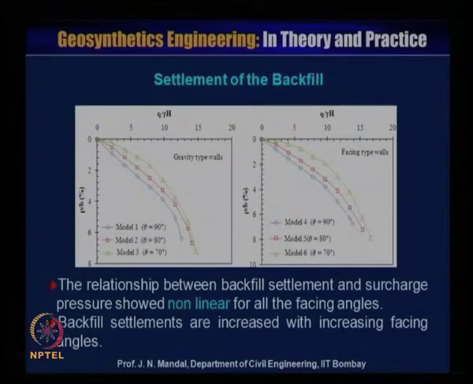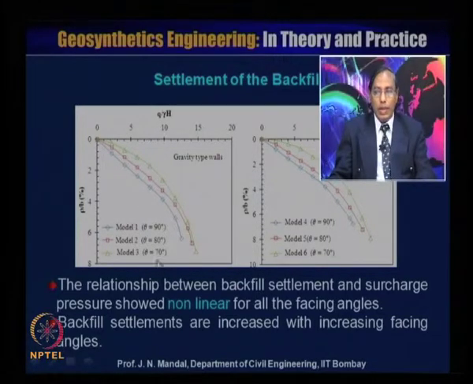Now, settlement of the backfill. This is the relationship between Q_H delta H versus P by B in percentage, for model number 1, 2 and 3, theta is 90 degree, 80 degree and 70 degree. This is a gravity type wall.